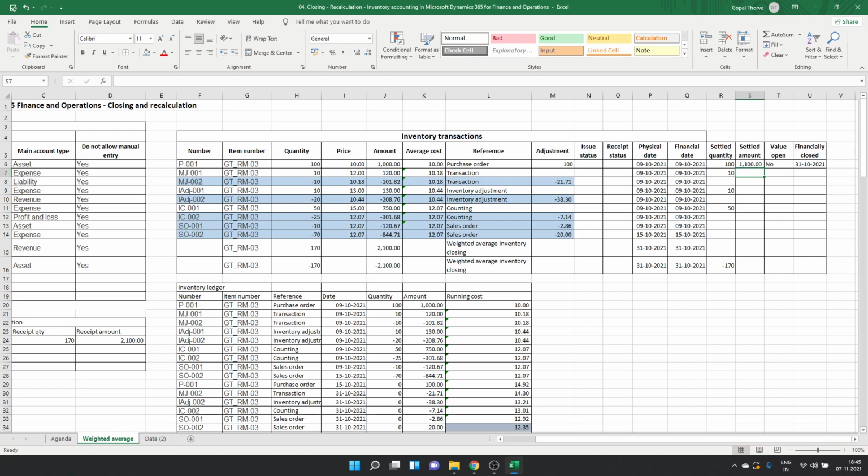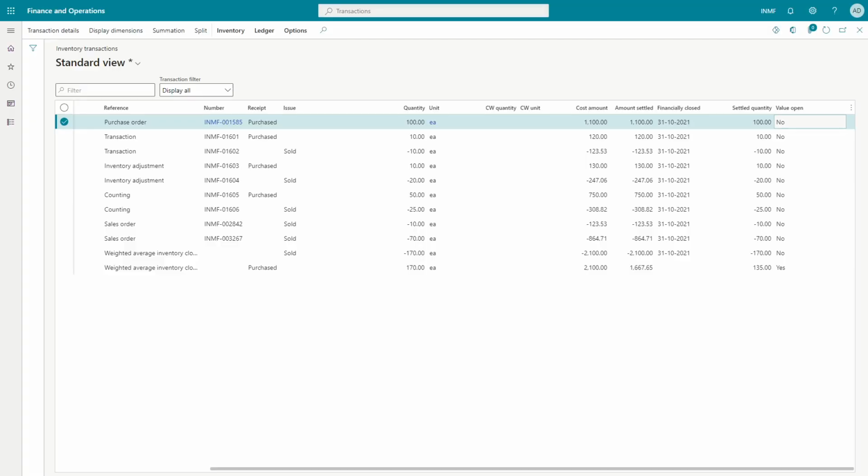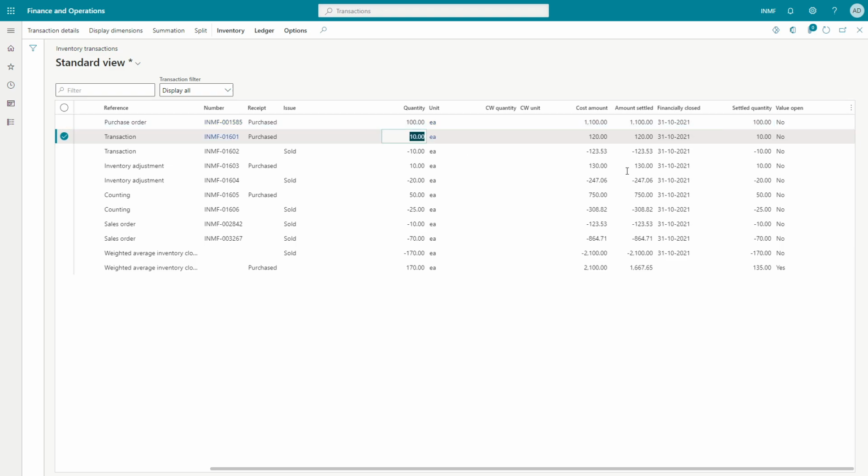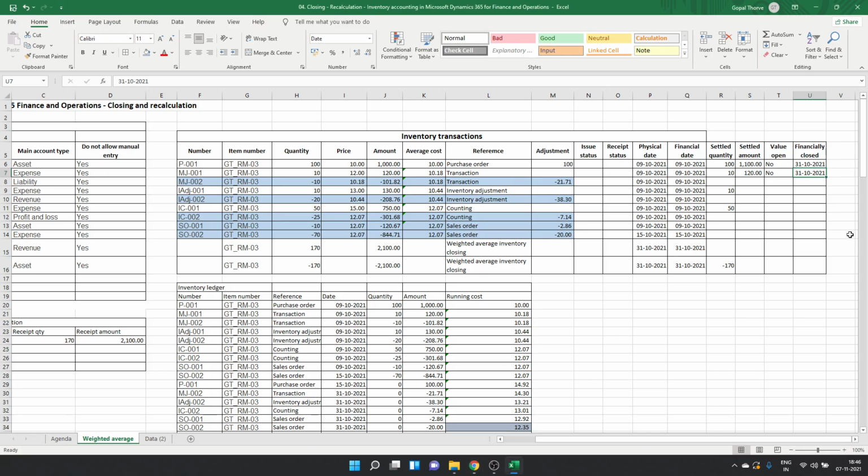Similarly for this, financially closed. Let us see in the same manner. Now the same thing has happened with another receipt transaction, and the closing date is same. If you sum up the settled amount, it is 2100.